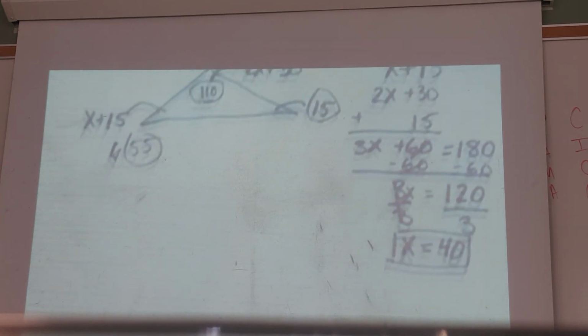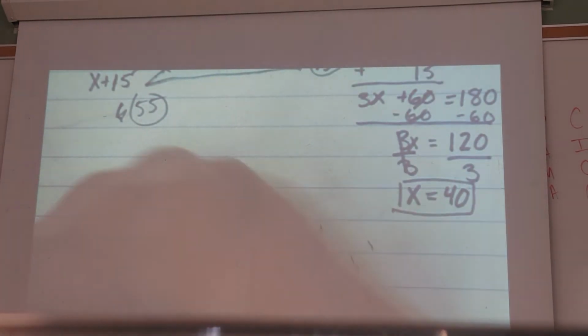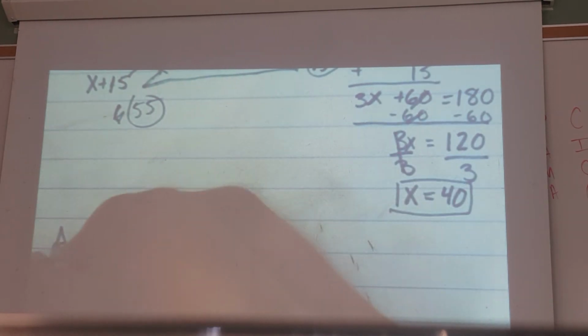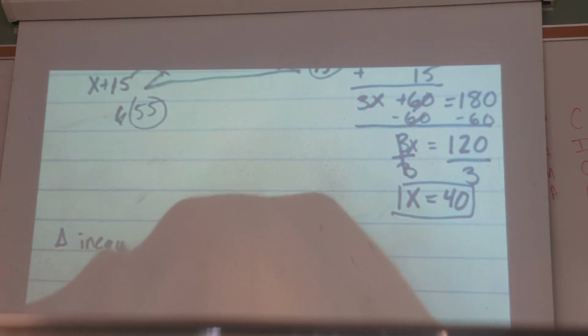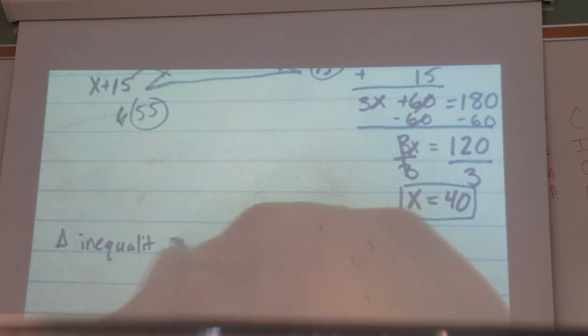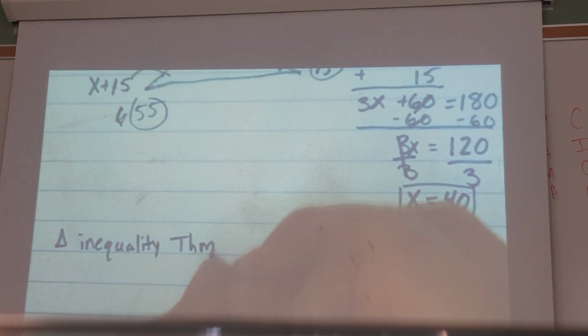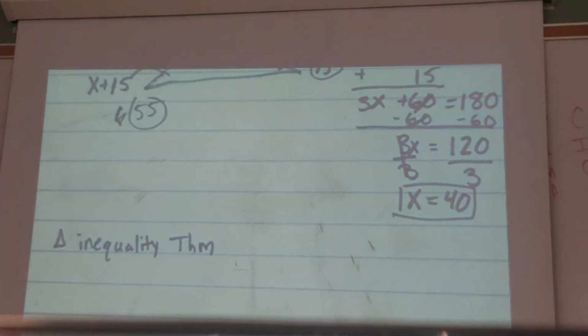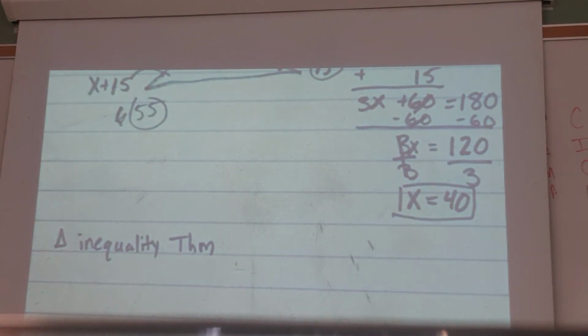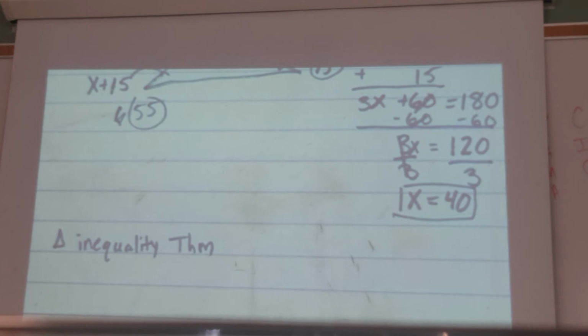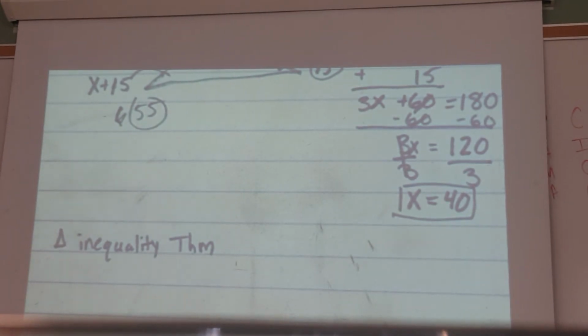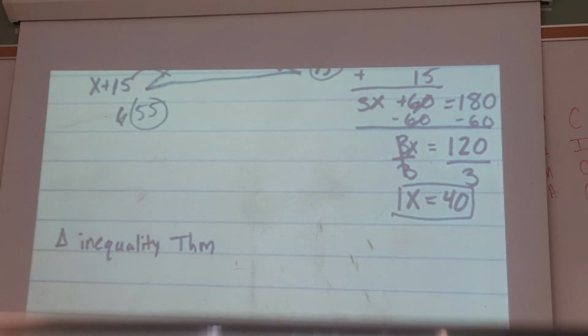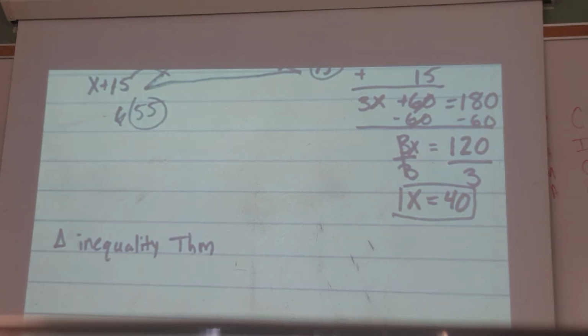Next up, we have the triangle inequality theorem, and there will be two questions on it. The triangle inequality theorem just states that there's a special relationship between the sides of a triangle and how they relate to the third side: if you add any two sides of a triangle together, it always has to be bigger than the third side.